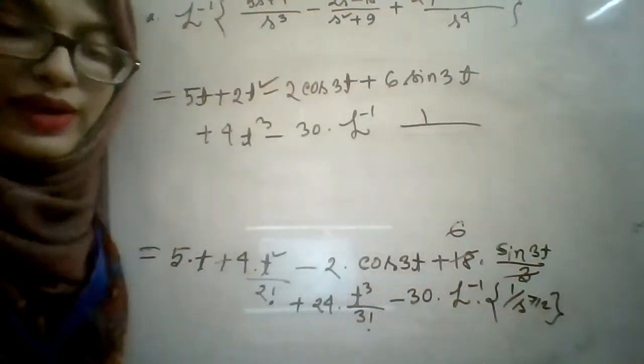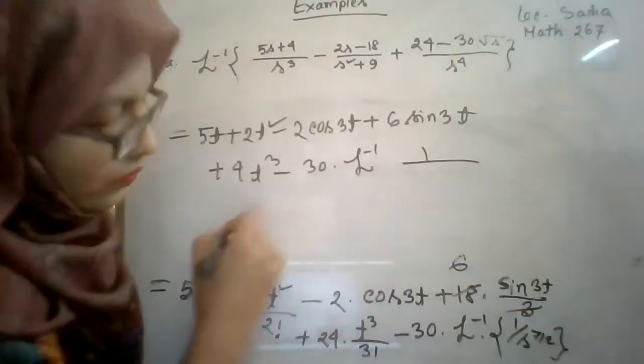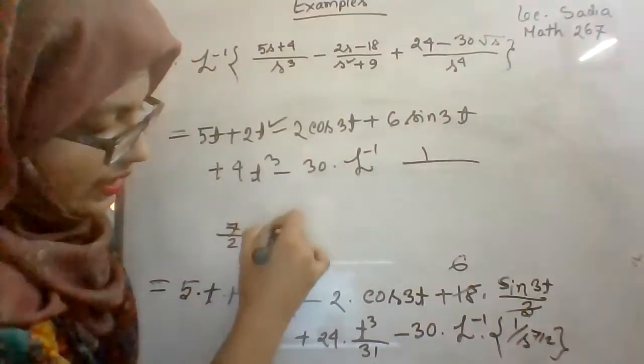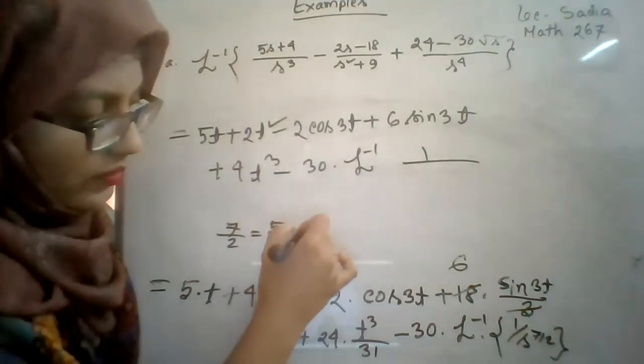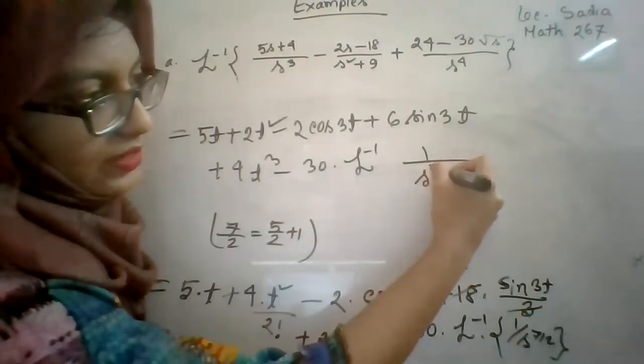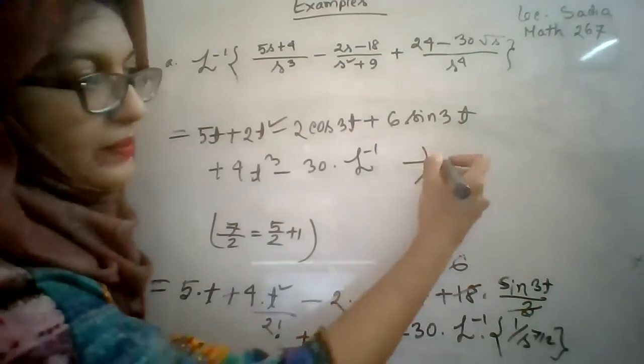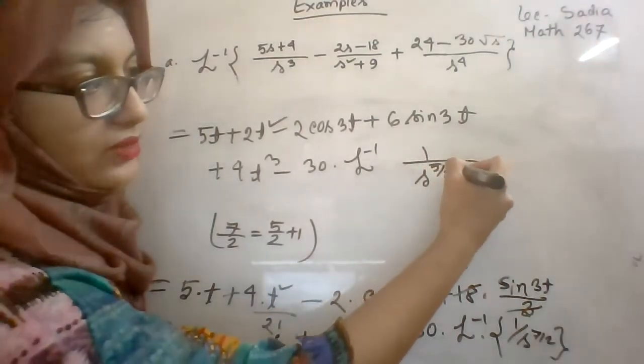Now try to convert s to the power 7 by 2 into the form n plus 1. So 7 by 2 can be written as 5 by 2 plus 1.